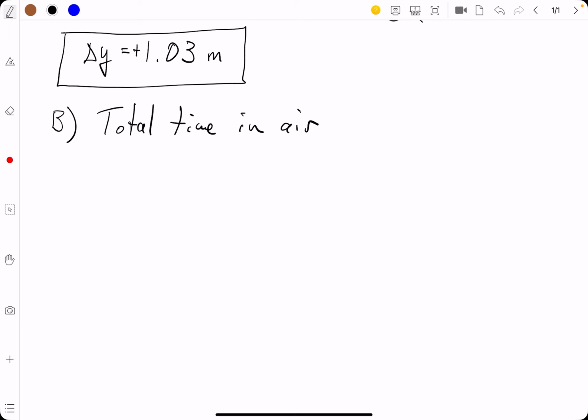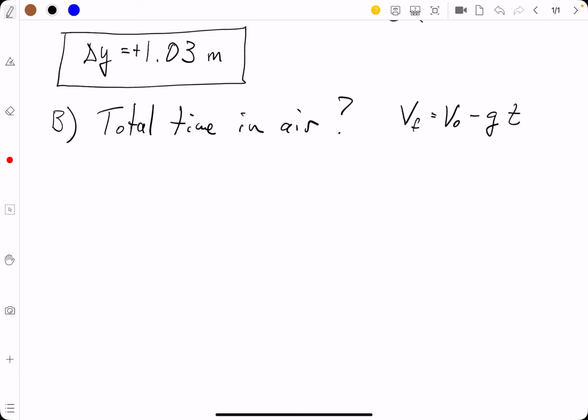So now we know the height. We know the initial velocity. We know the final velocity. We've got all kinds of stuff. So we can probably use an equation, v final equals v initial minus g, because it's pointing down, times our time. And then all we have to do is a little work.